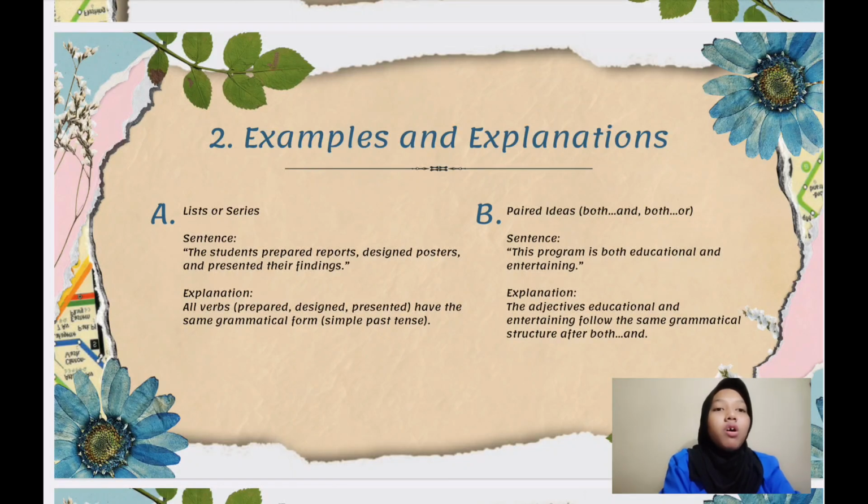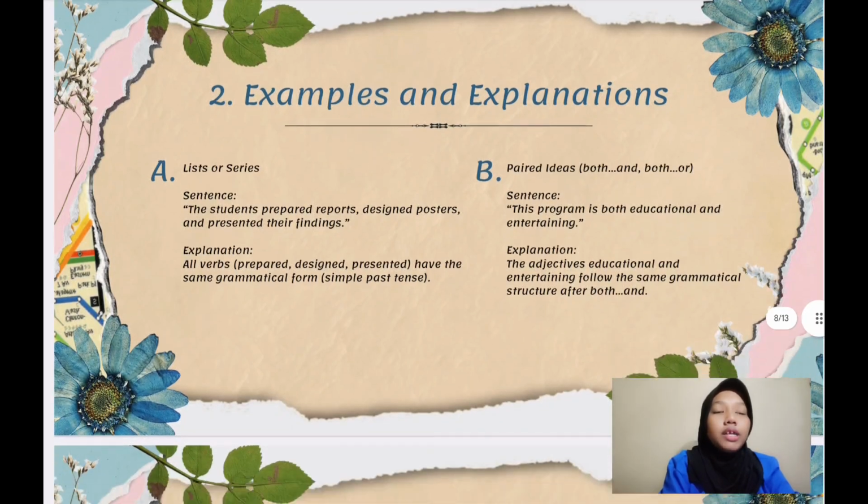Another example of parallelism can be found in paired ideas, such as the program is both educational and entertaining. Here, both adjectives, educational and entertaining, follow the same structure. Parallelism is also used in comparisons.